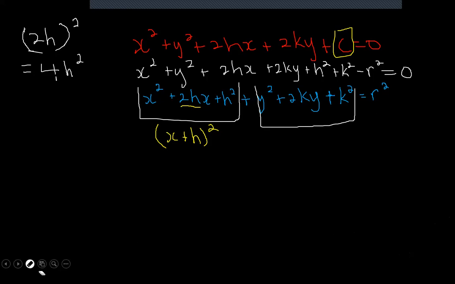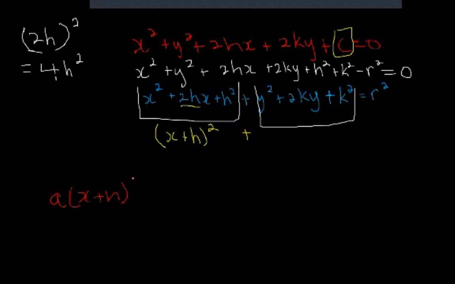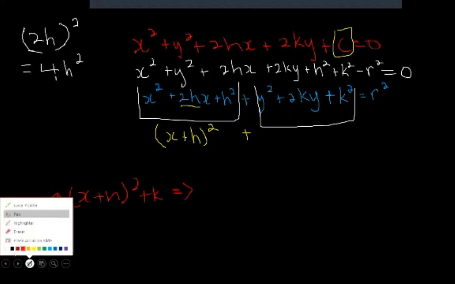Then we do the same for the other box, the one with the k and y terms. So it's plus, go back to my plus sign. Recall, completed square form is this: a times y plus h squared plus k, where h is b on 2a.